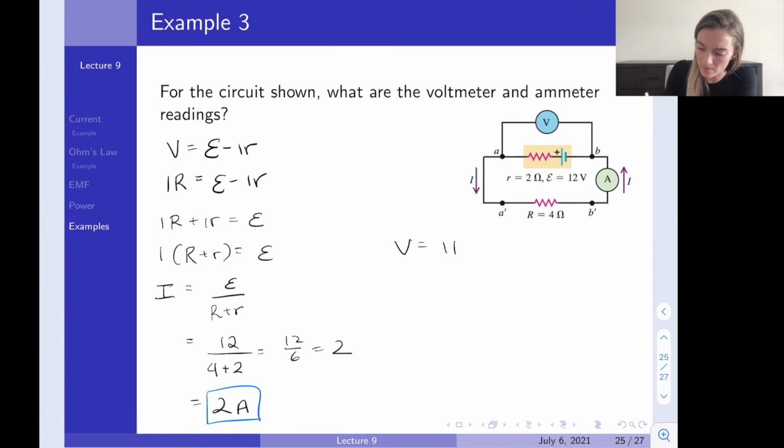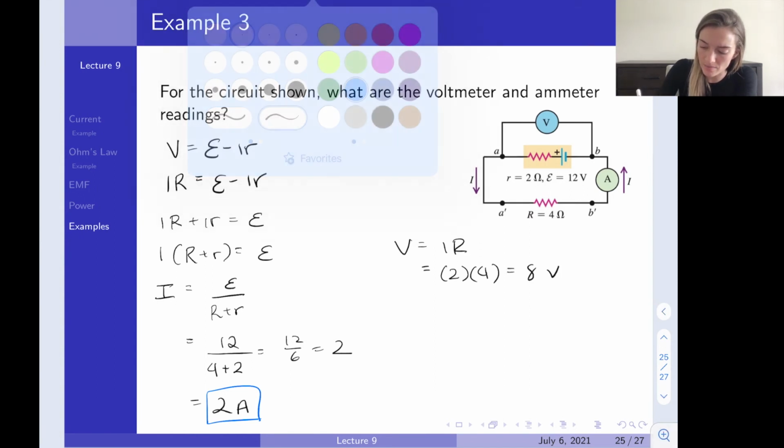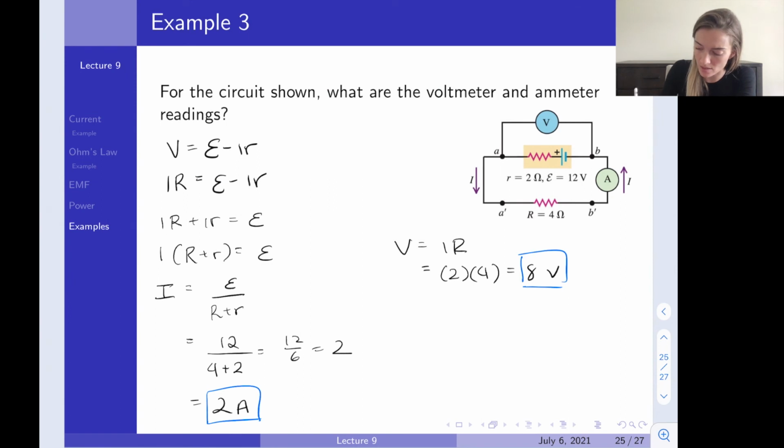You can say that will be V equals IR. So it's just the current through the resistor times the resistance of the resistor, which is 8 volts. And that's our answer then. It has a potential difference of 8 volts here.